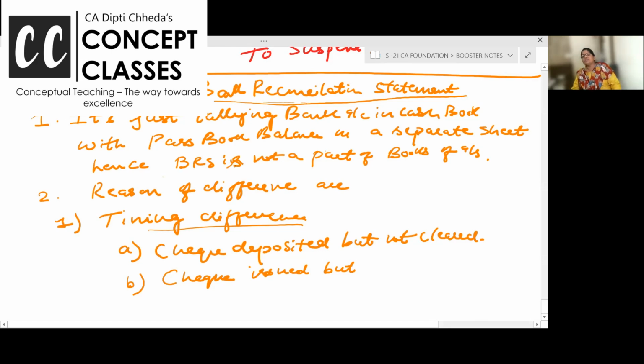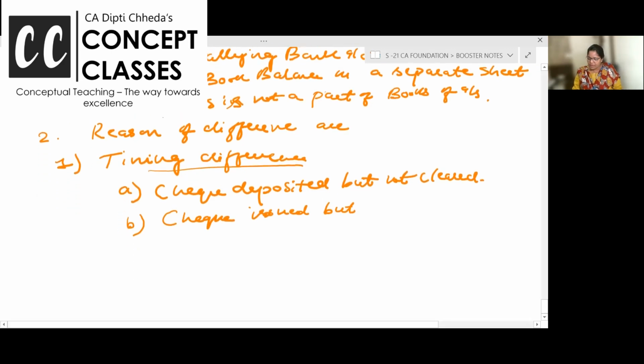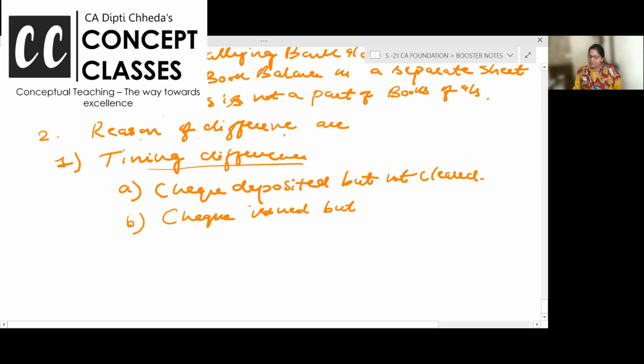Hence, BRS is not a part of the books of accounts. Reasons of differences are. I know some of the points I have given in theory, but ये लिखने से mind में रहेगा. That वो book रहेगा, फिर गाड़ी की डिक्की में, फिर drawer में, फिर घर में. आपको दिमाग में लिखना है ना, तो लिखो.